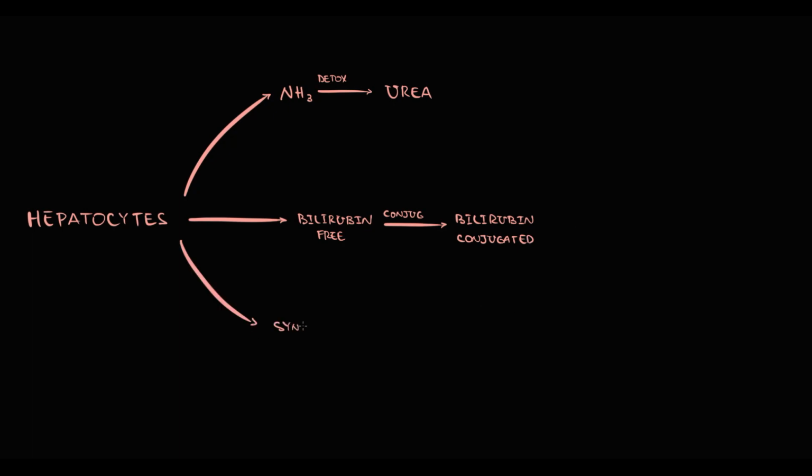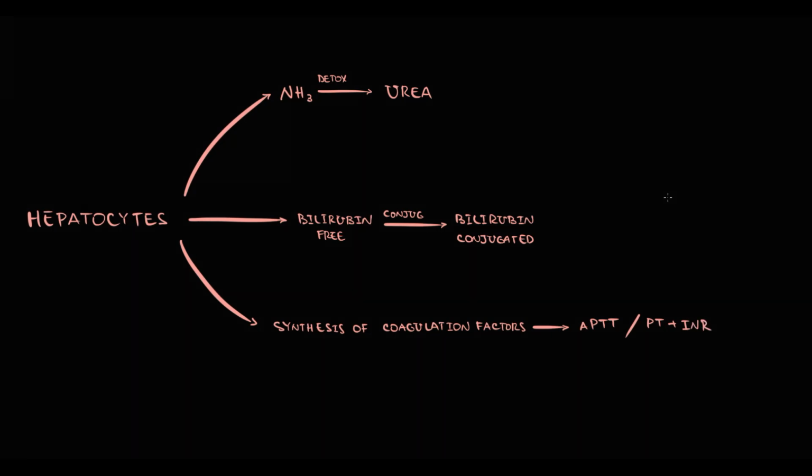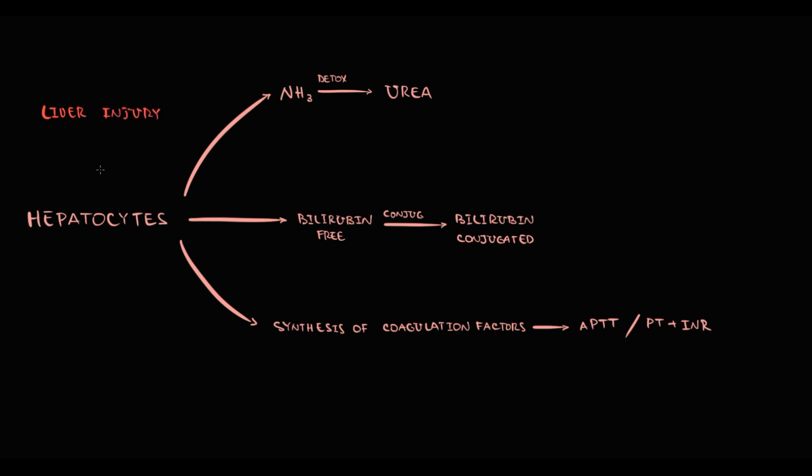In addition to this, hepatocytes produce coagulation factors. Coagulation factors provide normal coagulation, and recall that we measure coagulation by activated partial thromboplastin time, prothrombin time, and international normalized ratio.